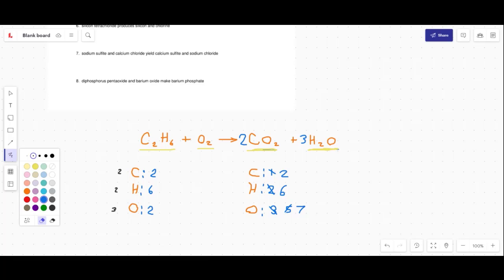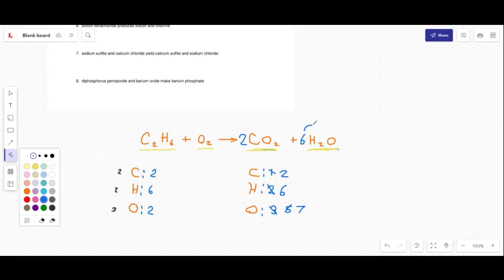The H2O. So I have to double the 3, and that's going to turn into what? Double 3 is 6. So there's going to be 6 waters now.